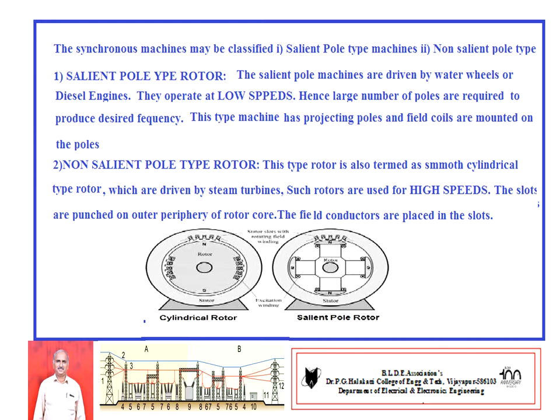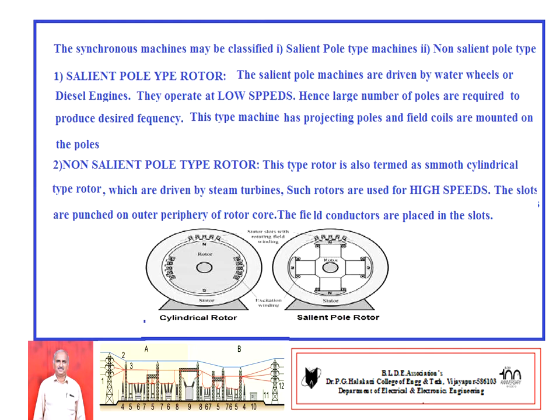Already I explained the salient pole type of rotor and the non-salient pole type of rotor. You observe figure 1 and figure 2. This figure 2 represents the salient pole. Salient means projecting.